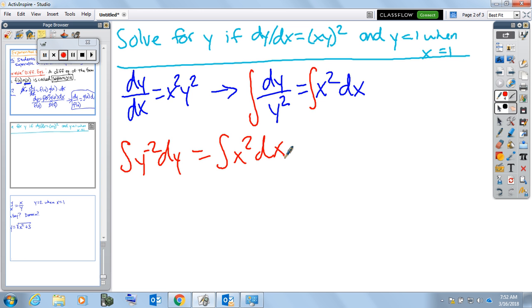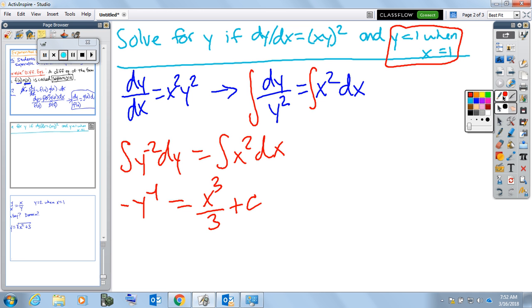So dividing through, that ends up being negative y to the negative first power equals x cubed over 3 plus our constant of integration. We want to put that constant on the x side, guys, because we're going to end up trying to find y in the end. But because we do want to find the actual value of y, we have to take into account the initial value, which lets us know that y equals 1 when x equals 1 as well.